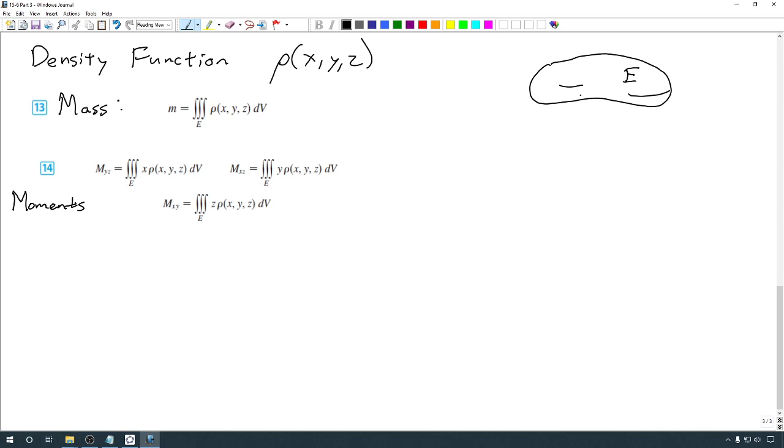Each point has some distance from the YZ plane, and it plays the role of some torque around that plane in a sense. We do that for each of the 3 different coordinate planes, and we get our center of mass.